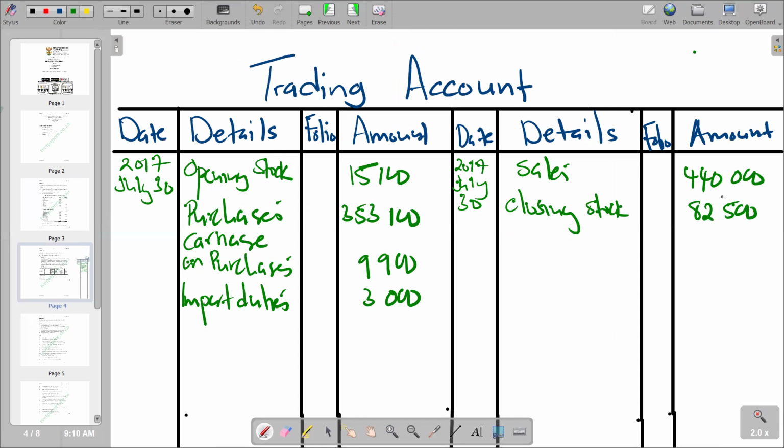Well, we can now try to balance our account. So we can start by putting our double lines.